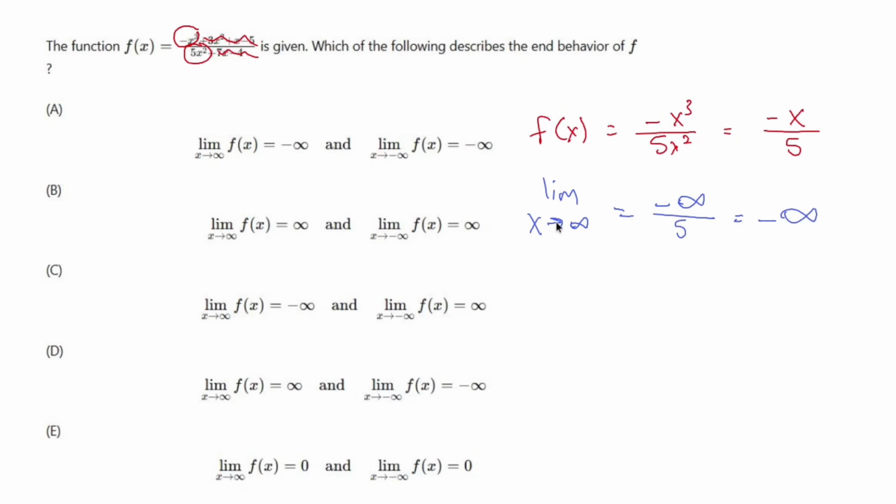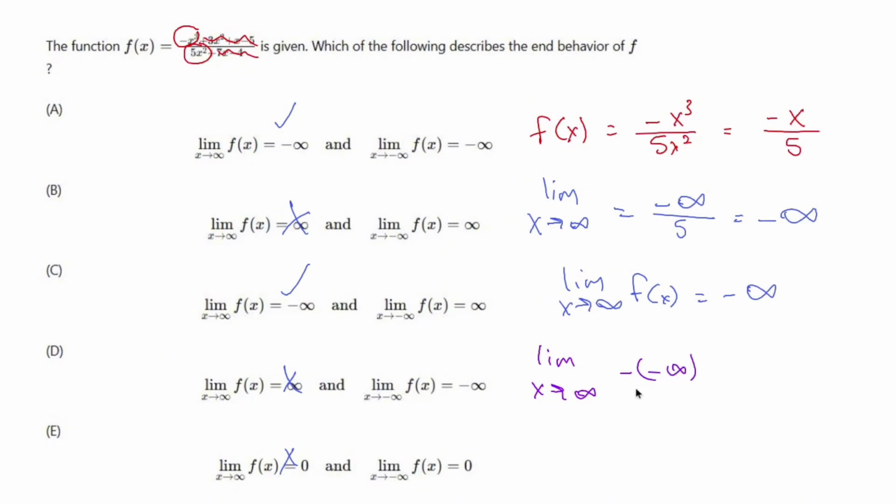So the limit as x approaches positive infinity of f of x is going to be negative infinity. Now let's do it again with negative infinity. If I plug negative infinity into what I have up here in red, it would look like negative infinity over 5.